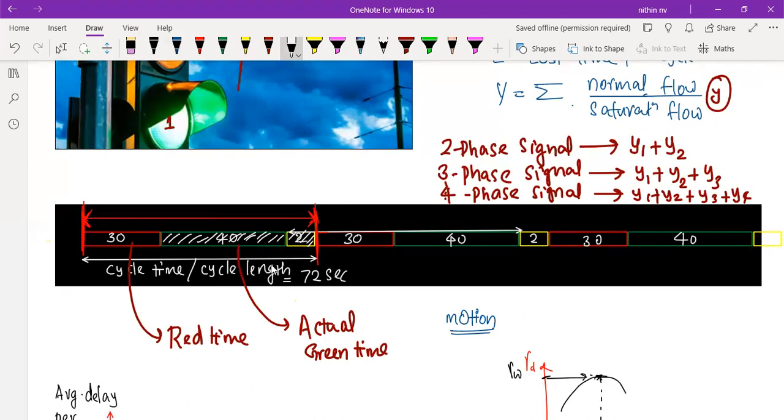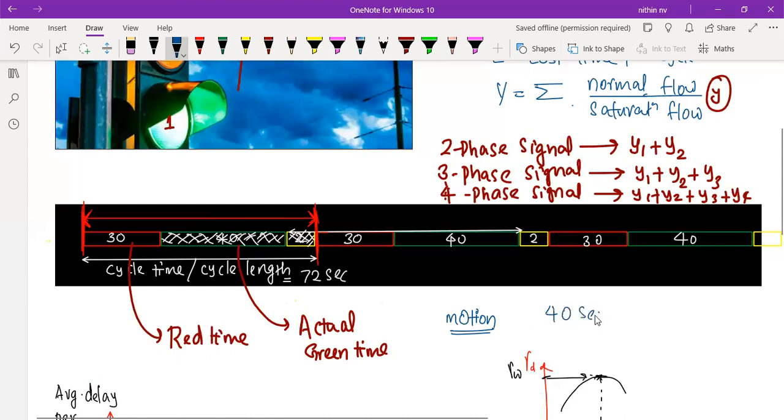The vehicles which have already reached the intersection, they will be accelerating now and they will try to cross the intersection. So however, during the amber time also, the vehicle will be in motion, deceleration or acceleration, whatever it is. Only during the red time, it will be under rest. Okay. So if I am adding this green time, 40 seconds, plus this 2 seconds, what I am going to get?